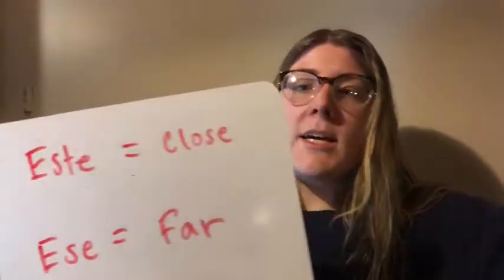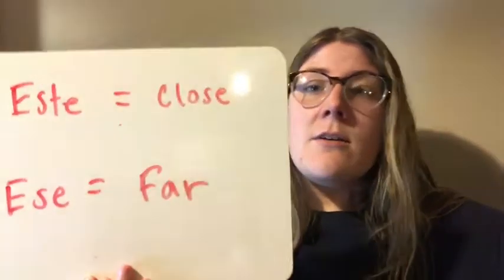So for close things, you use este. For far away things, you're using ese. So, este close, ese far.